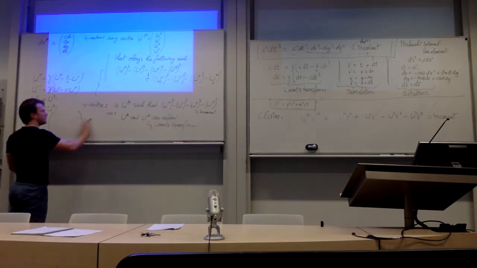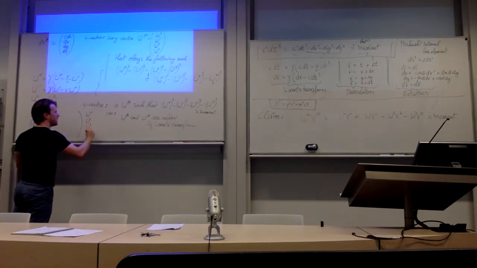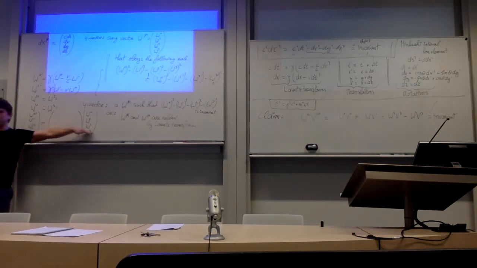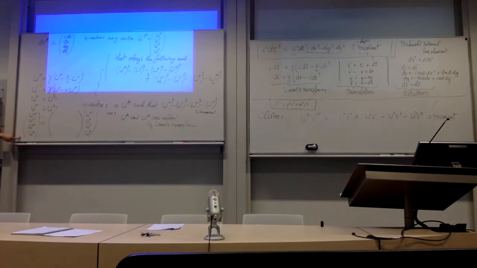How about I write this omega 0, omega 1, omega 2, omega 3. And this one would then be omega 0 primed, omega 1 primed, omega 2 primed, omega 3 primed. What should be here in order that if you multiply this matrix by this thing, you'll get exactly these primed ones that are written here?